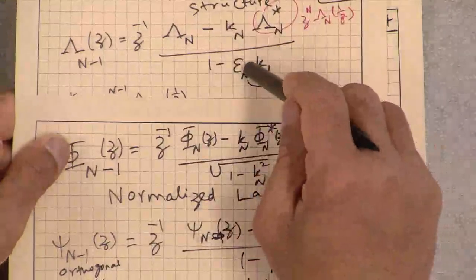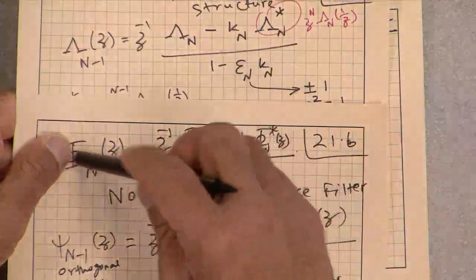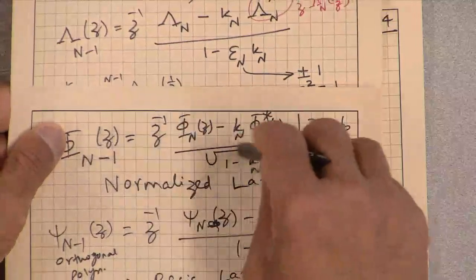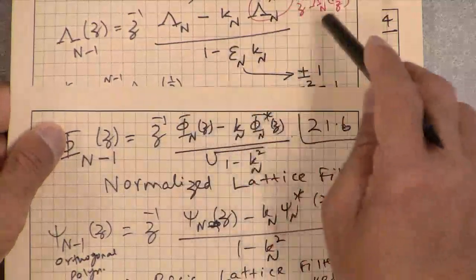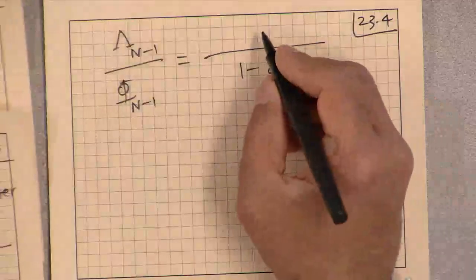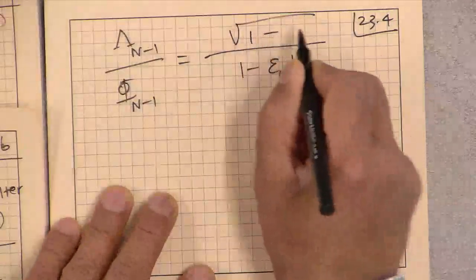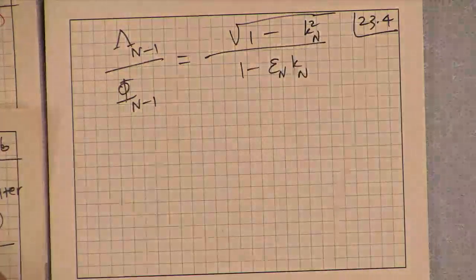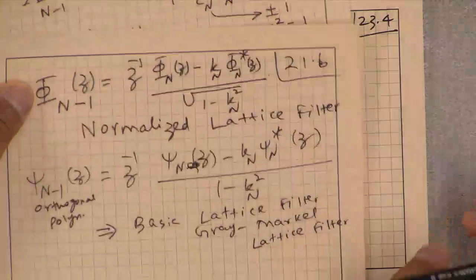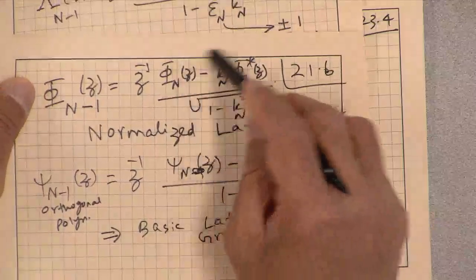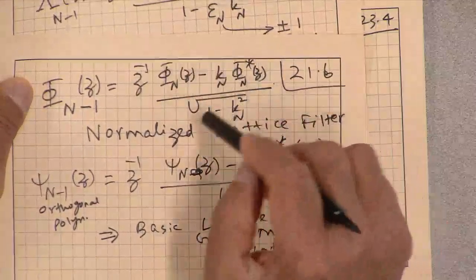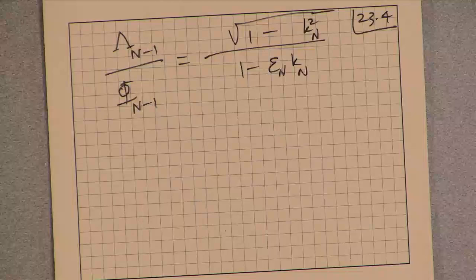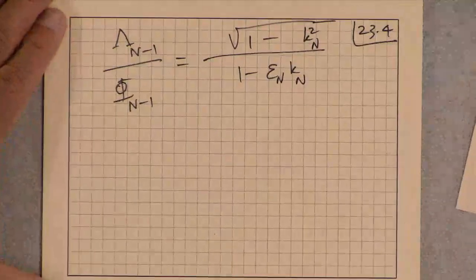Because of that, when I divide by this quantity, this denominator goes to the numerator. So the square root of 1 minus kn squared goes to the numerator. So that's the ratio. The whole thing is the denominator, and then this goes to the numerator. Okay, so that's good.